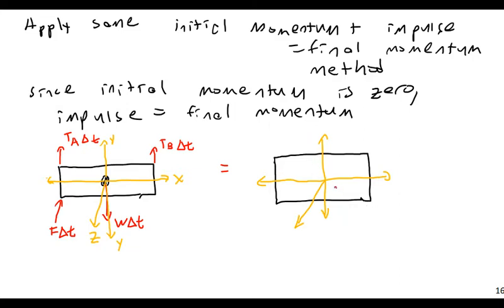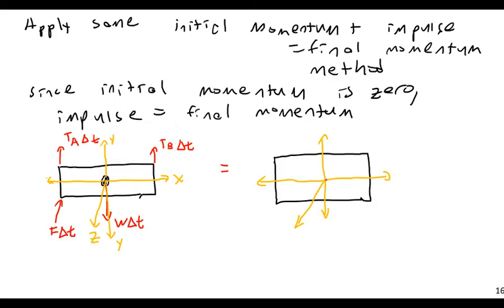Okay, so let's look at what kind of momentum we're going to have. In the final momentum, in terms of translation, I'm going to have momentum in both the x and the z direction.